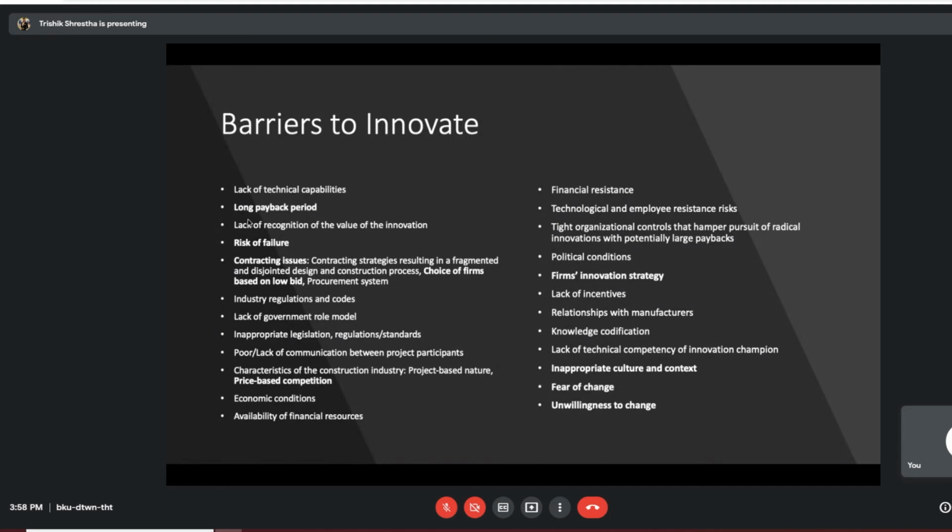I'm saying this out of experience. There might be companies operating in Kathmandu that have these innovation strategies, and I'm pretty sure a few of them do. I had the good fortune of visiting one of these construction sites that was a joint collaboration between a Chinese firm and a Nepalese firm.